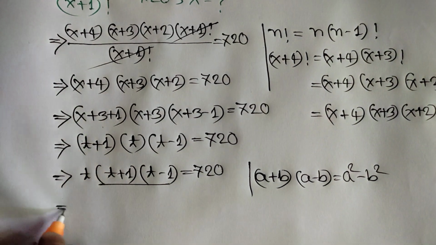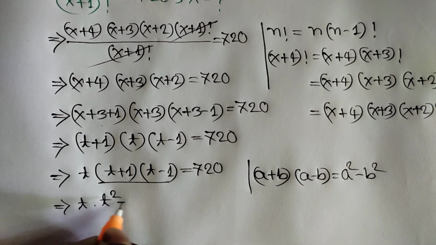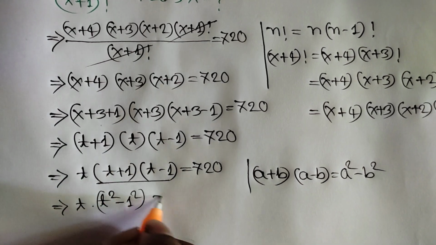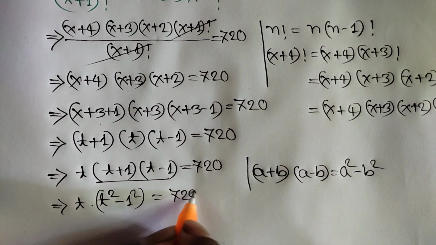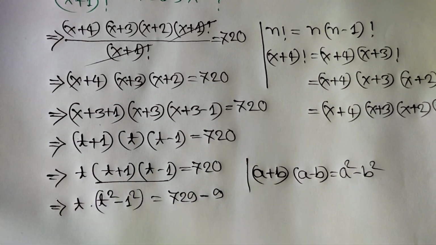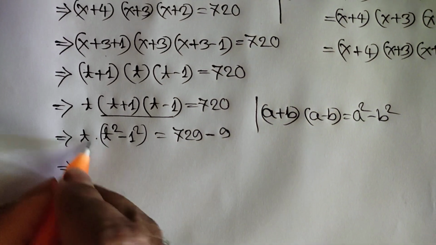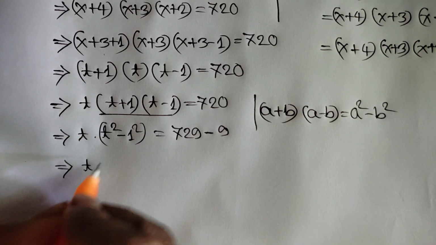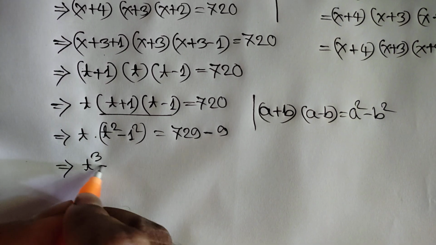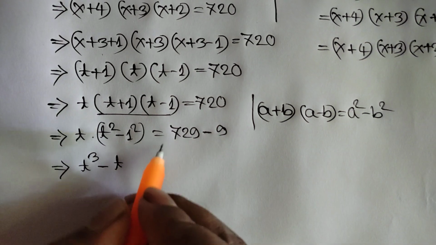We can write t times (t squared minus 1 squared) is equal to 720, which can be written as 729 minus 9. Or t times t squared, that means t cubed, minus 1 squared, that means 1, and 1 times t, that means t.